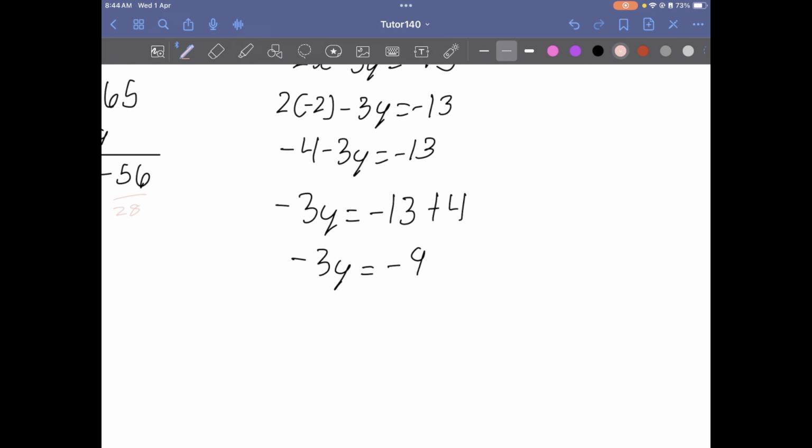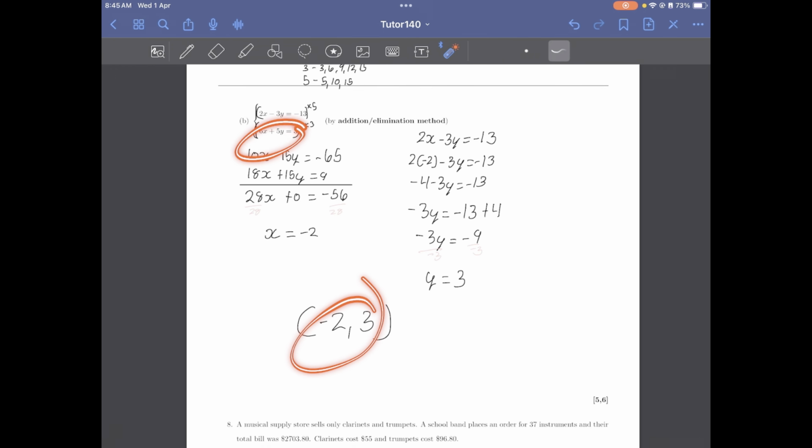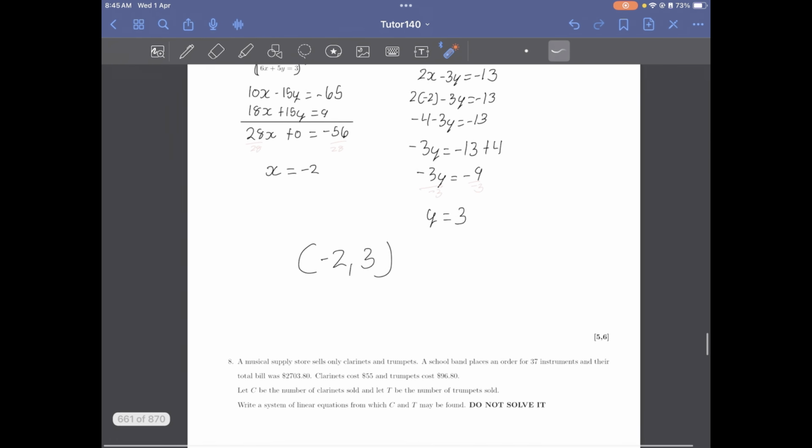Divide both sides by negative 3. So y is equal to positive 3. So our answer is negative 2, 3. And again, you could check this by just substituting this into both equations. And if you get a true statement, then it's true.